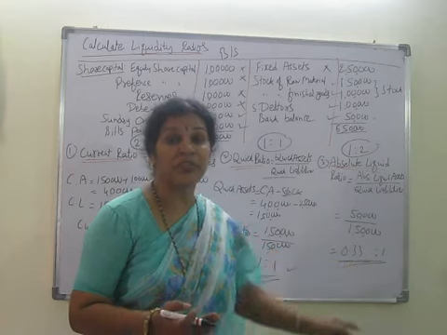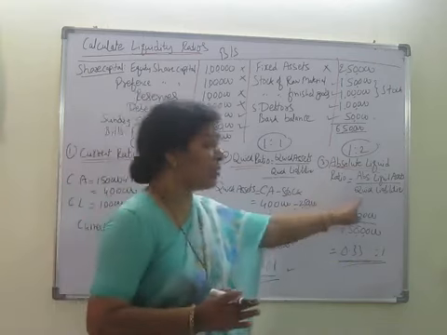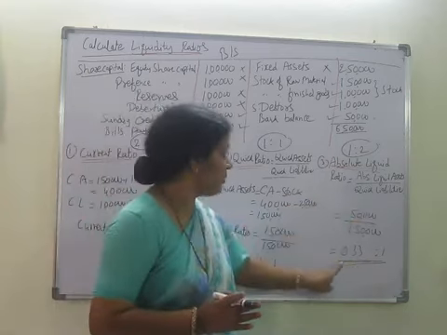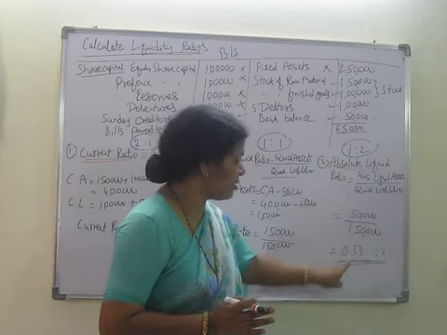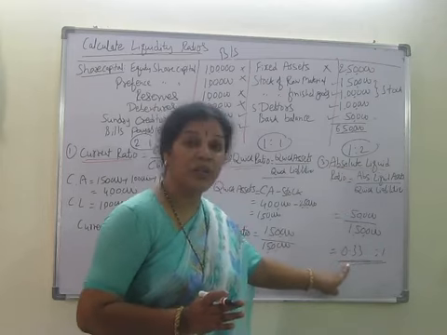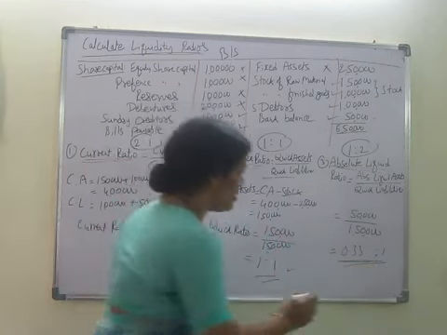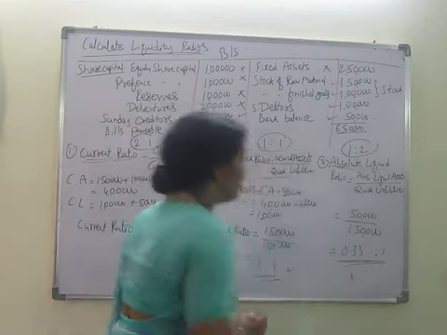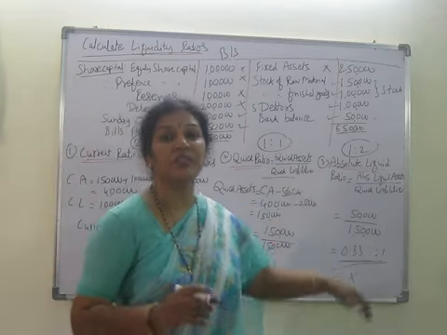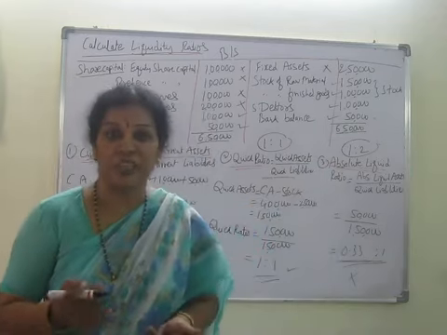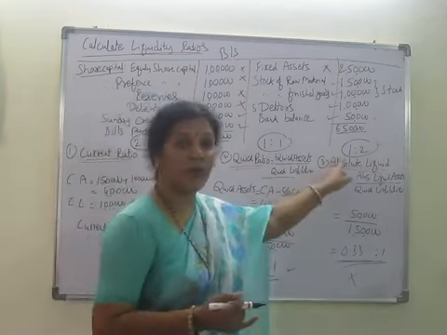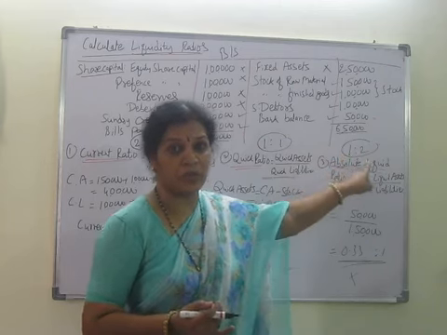We expect half of the quick liabilities. But here the liquid assets are less, not even half of this. So that is why this is not recommendable. The absolute liquid ratio is not satisfactory, because it is not following the ideal ratio 1:2.